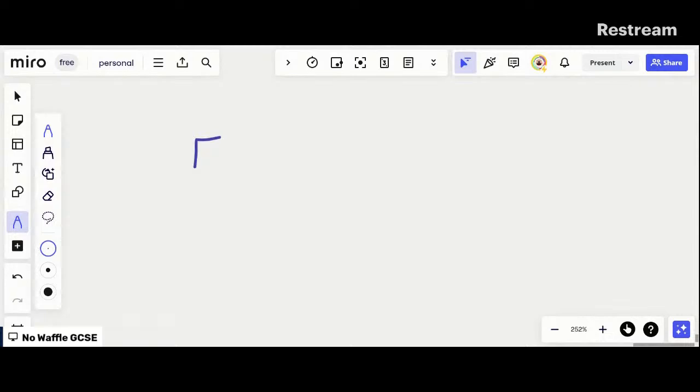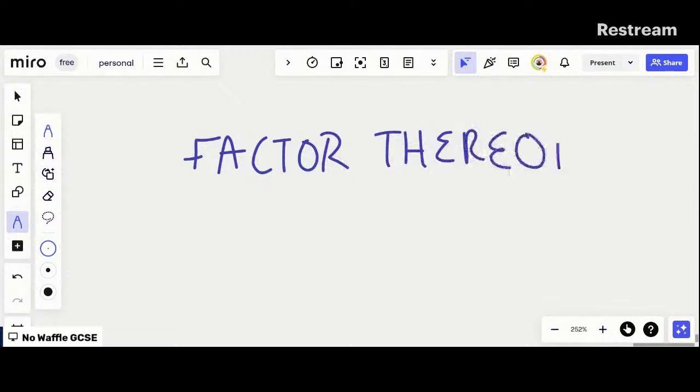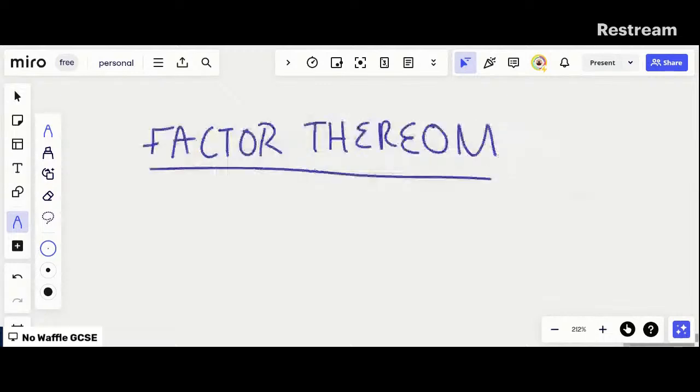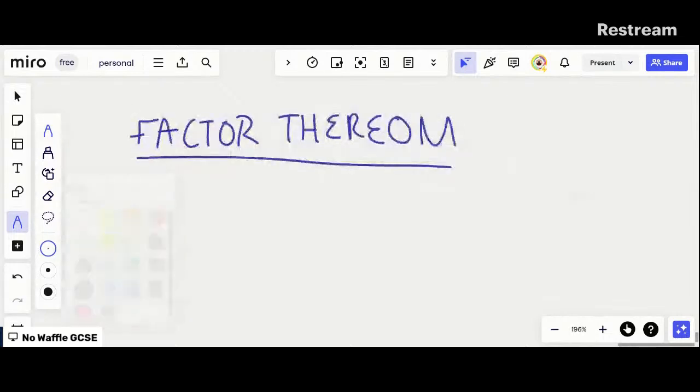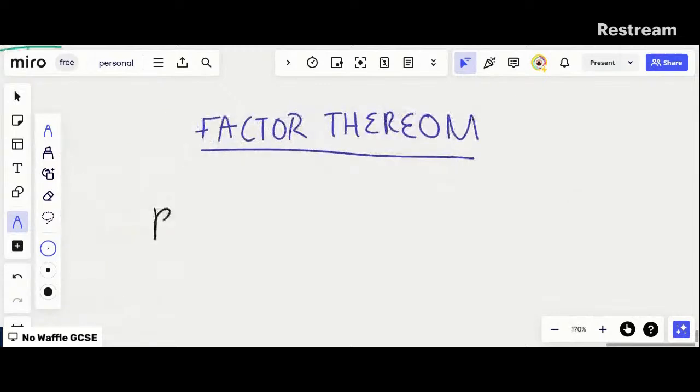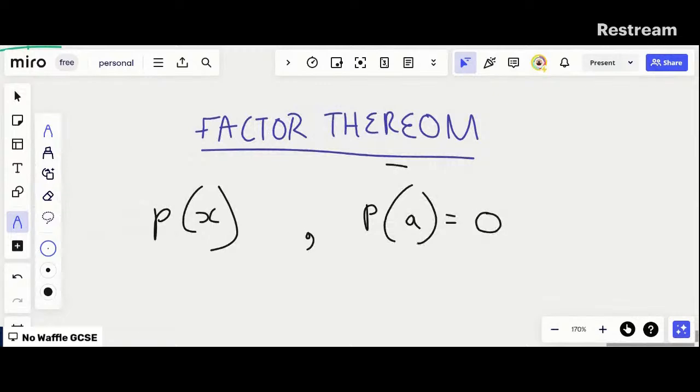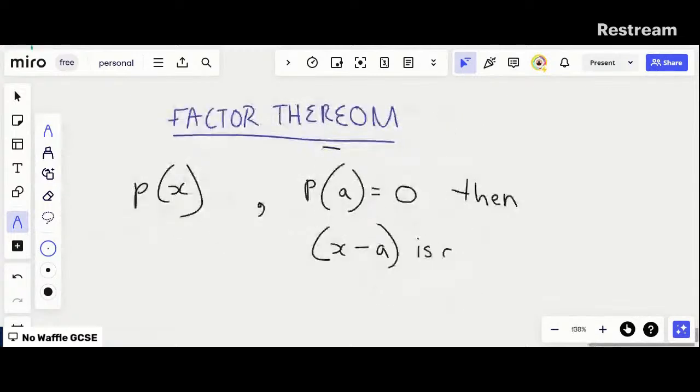Factor theorem. So we're now on factor theorem. The theorem effectively states that for a polynomial, let that polynomial be of x, if we plug in a value, let's say a, where the polynomial, the y value for that, equals 0, then x minus that value is a factor of the polynomial.